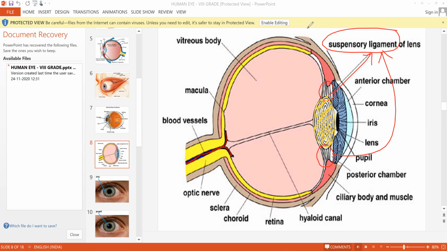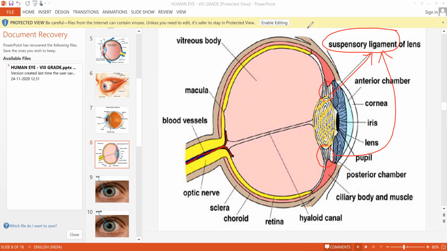So this ciliary body consists of some suspensory ligaments that hold the lens in its place. To hold this lens in its position, the parts which are useful are the suspensory ligaments. We have to tell that it has suspensory ligaments that hold the lens in place.